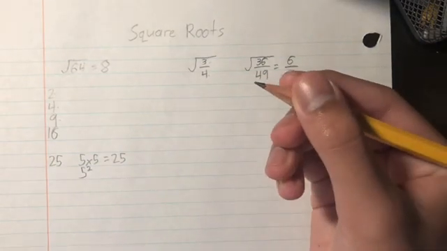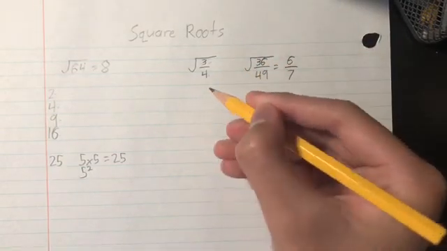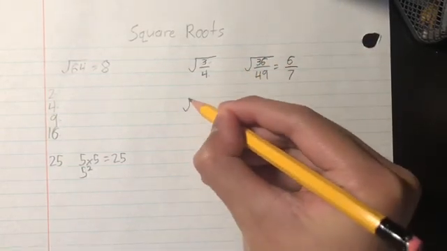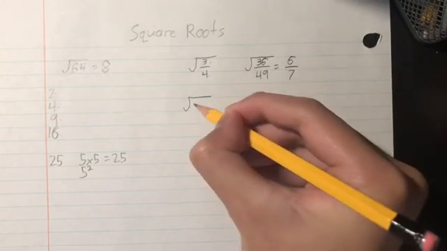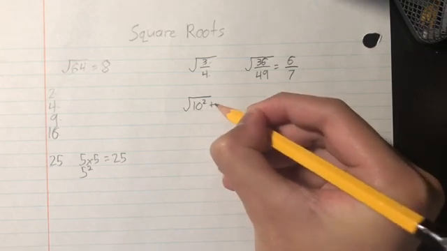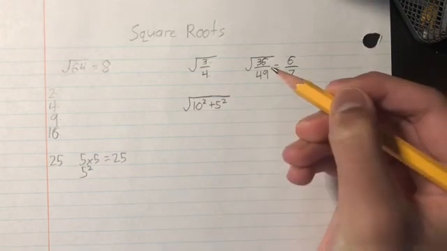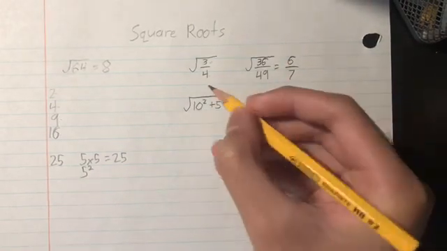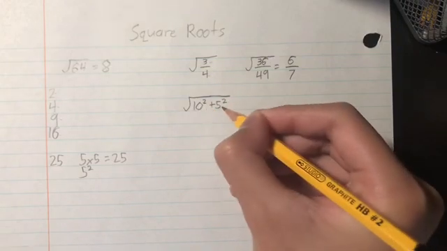What else? Oh, yeah. If you have exponents to find the square root, for example, 10 squared plus 5 squared, something like this, then all you would have to do is multiply this by itself and multiply that by itself.